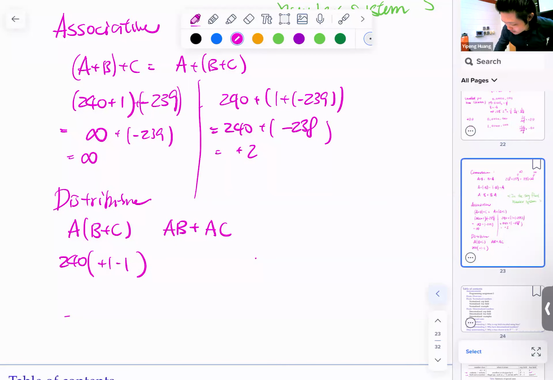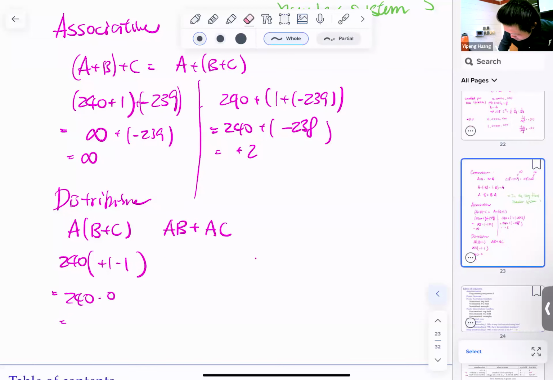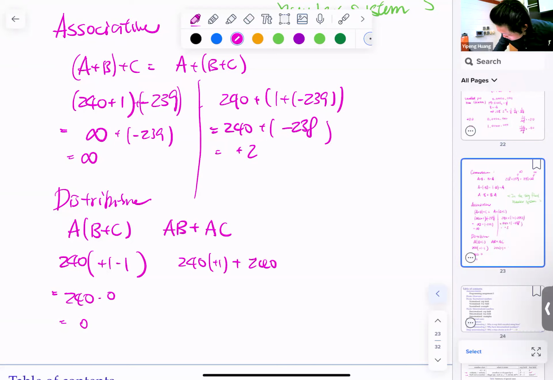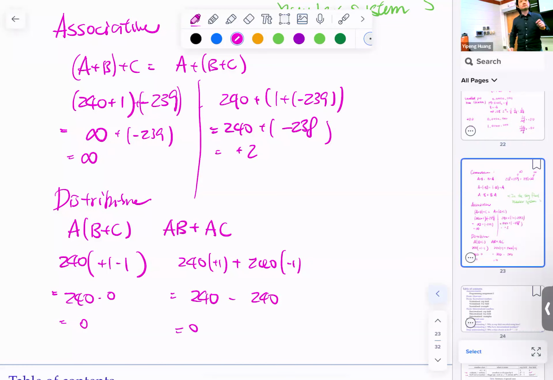Okay, and then on this side, what will this evaluate to? 2^40 times 0, you'll get 0. And on the other side, 2^40 times +1 plus 2^40 times -1. So it will be 2^40 minus 2^40, which is 0. Okay, it was safe. So not quite.